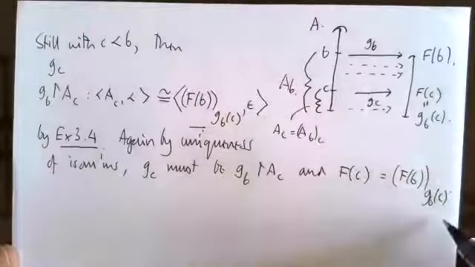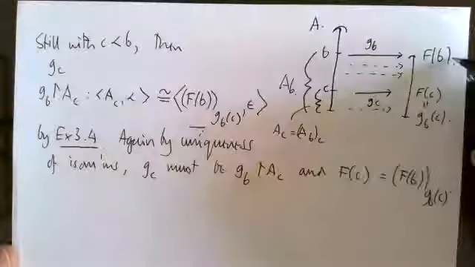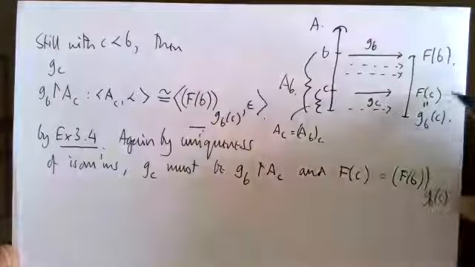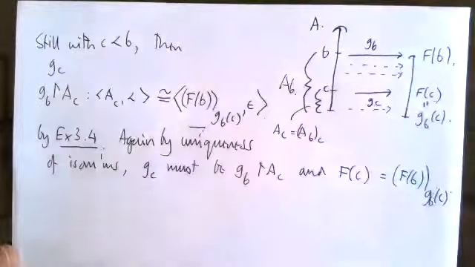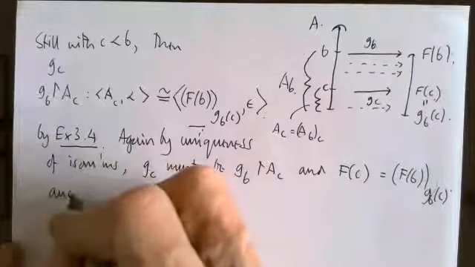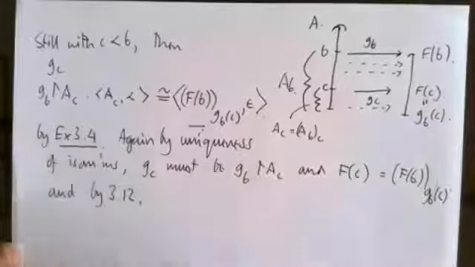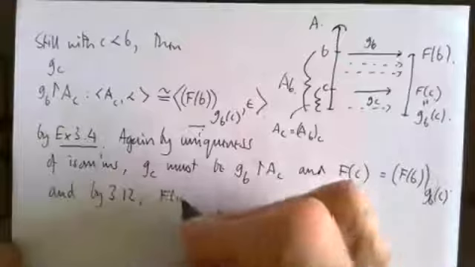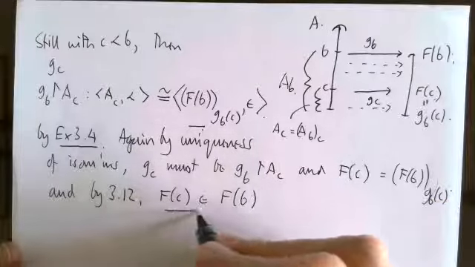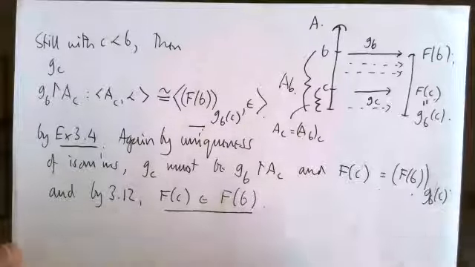So what I've got here is this initial segment of f of B. This initial segment, in fact f of C, is a member of f of B. It's an initial segment, therefore it's a member.